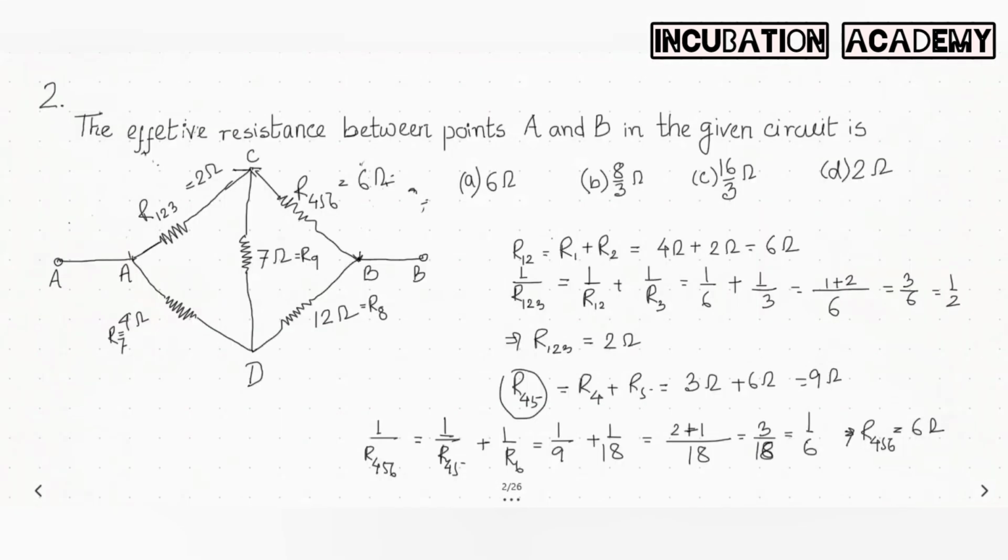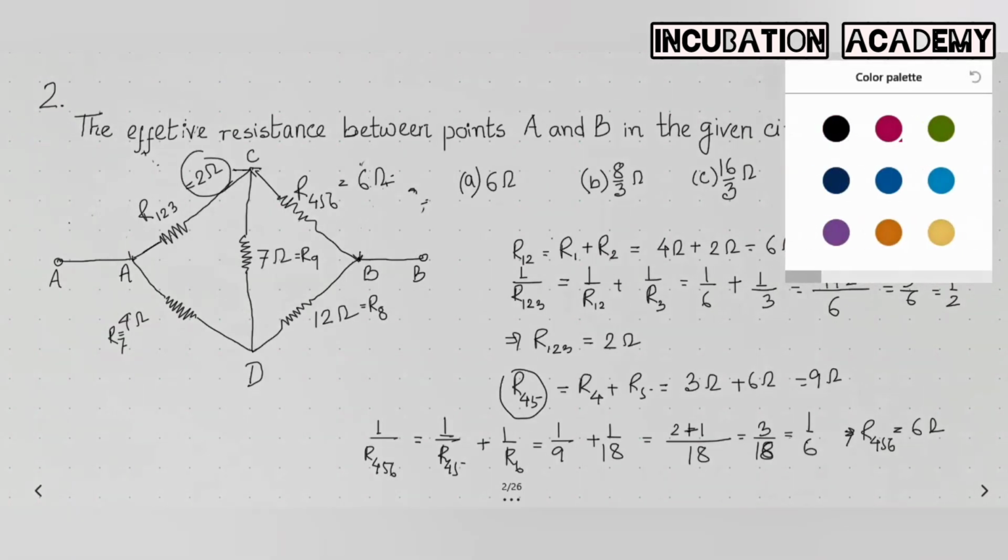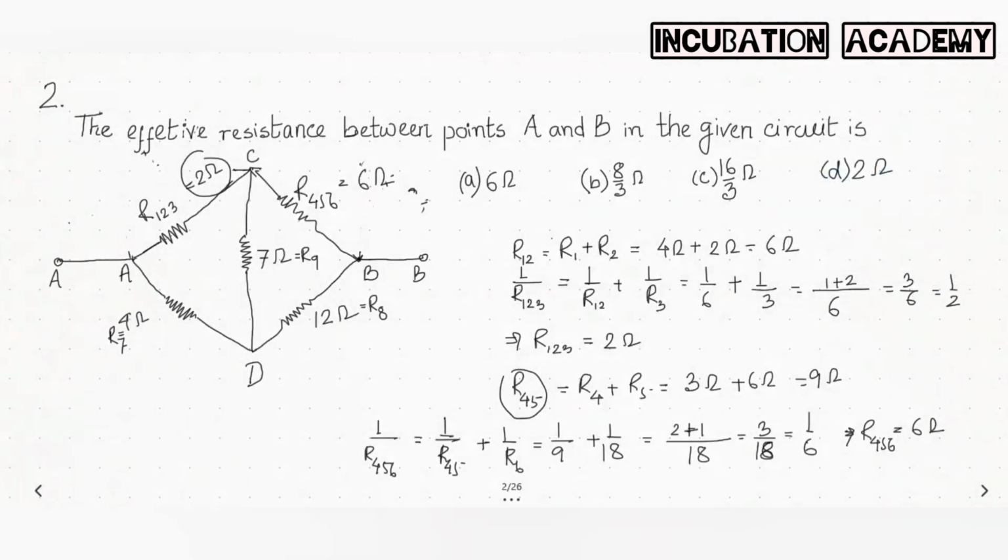See, this is 2 ohm. I'm just changing the ink here. This is my 2 ohm and this is 6 ohm. So if I say this 2 is my P and this 6 is my Q, then this 4 is my R and this 12 ohm is my S. So what is P by Q?